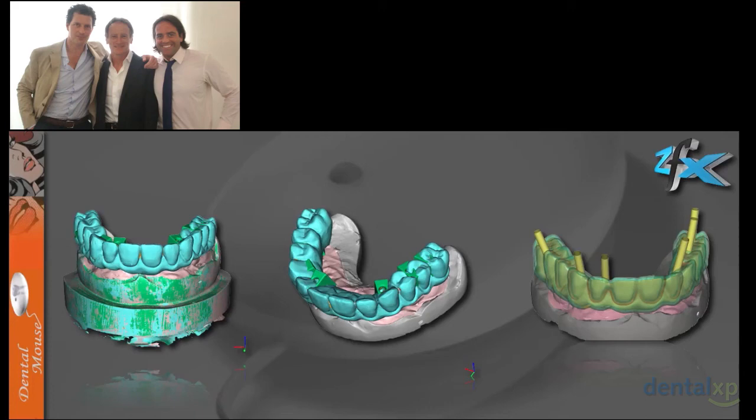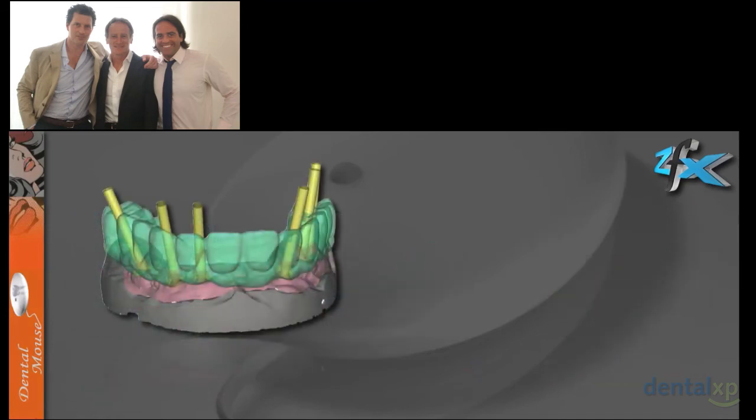And you can do some trials, you can see if you have enough thickness, you can superimpose all the project, you can superimpose the framework.